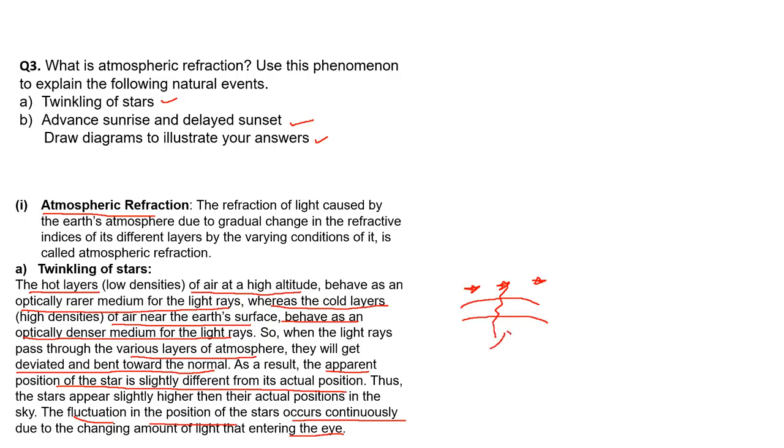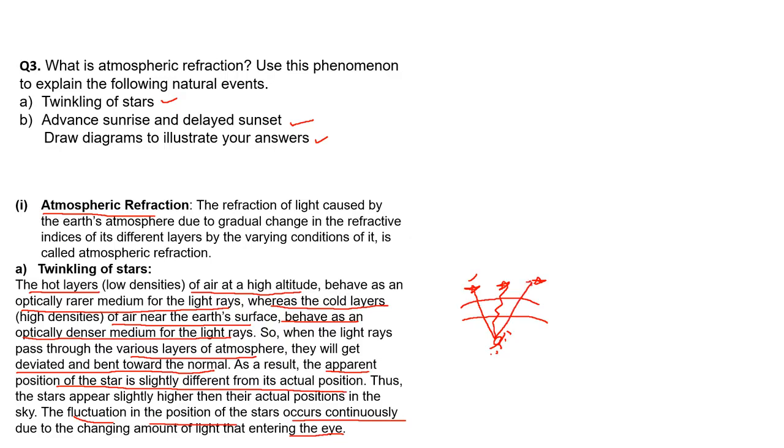It falls on the eye in a very zigzag manner, but our brain does not interpret the position of the star exactly. What our brain does is take this ray backward and see the star at this position, or it might see the star at that position, right?